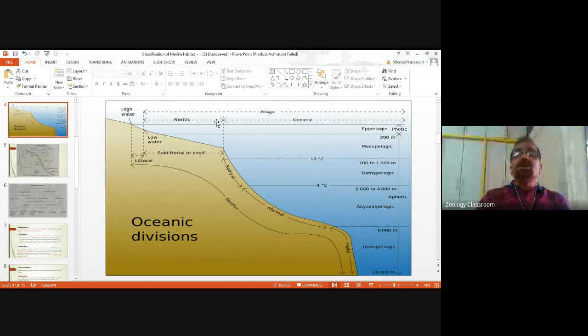So the sea part of the pelagic region up to the extension of the continental shelf is the neritic zone.